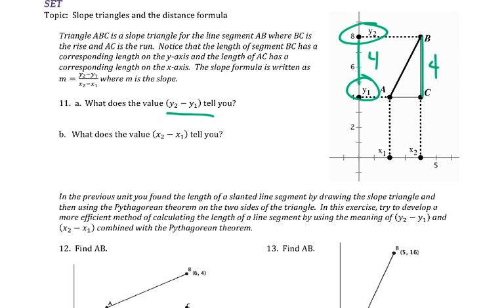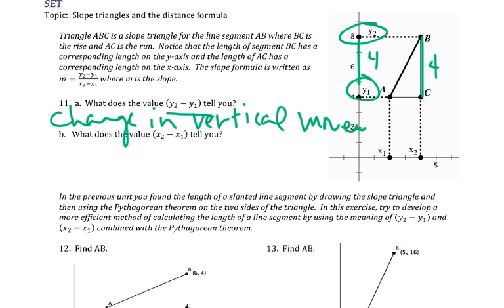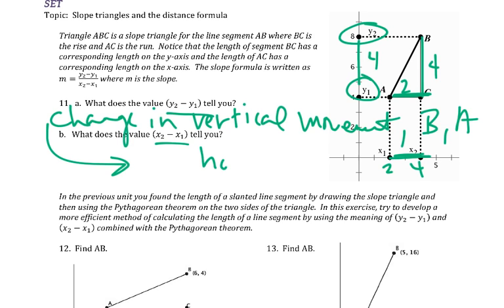Well, it tells us that change in vertical movement, right? So from B to A or A to B. The x2 minus x1 right here, from 2 to 4, okay, distance of 2, kind of the same idea. Tells us the horizontal, though, change in movement for AC, okay?